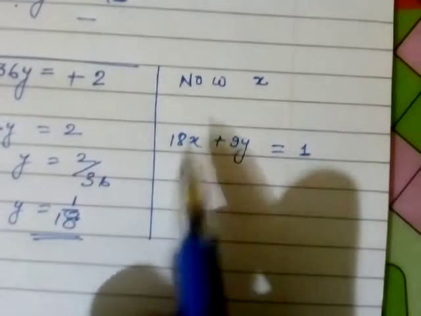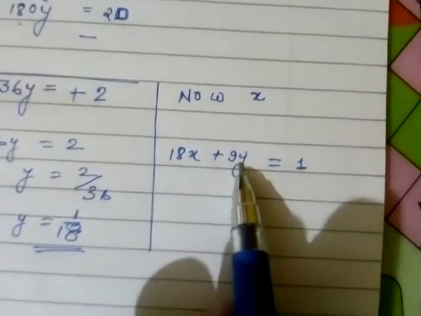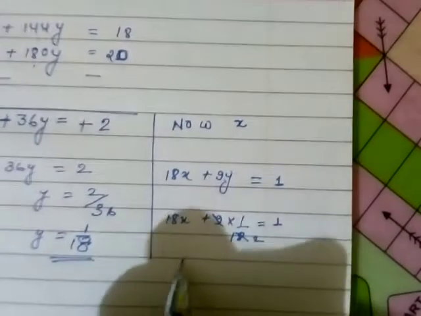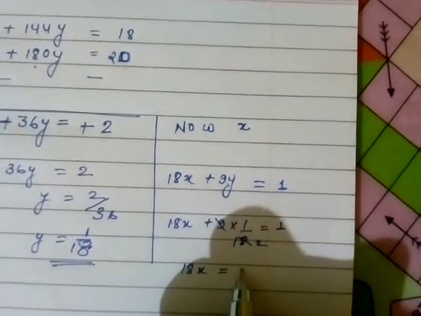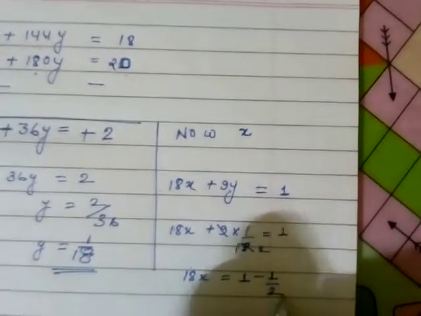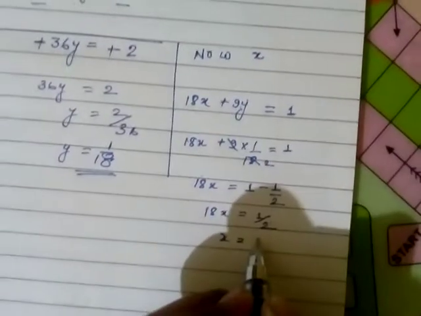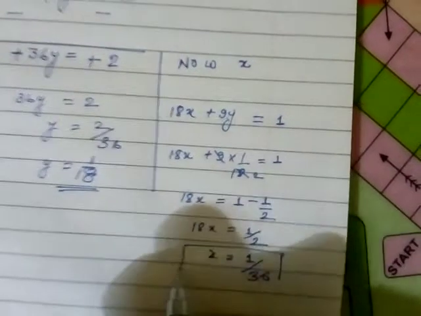So we are putting it in equation second. 18x plus 9 into 1 upon 18 equal to 1. 9 upon 18 is 1/2, so 18x equal to 1 minus 1/2, 18x equal to 1/2 and x equal to 1/36. Here x equal to 1/36 and y equal to 1/18.